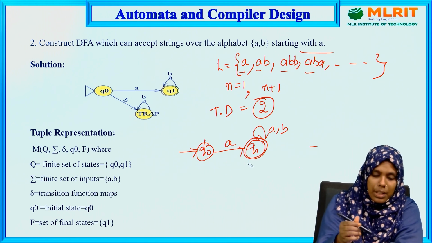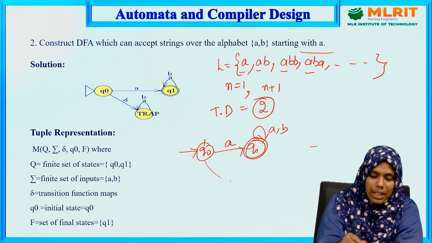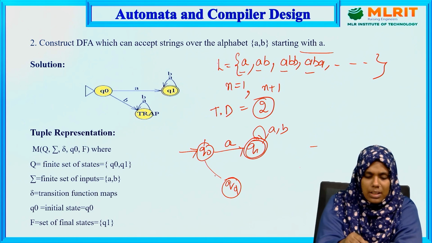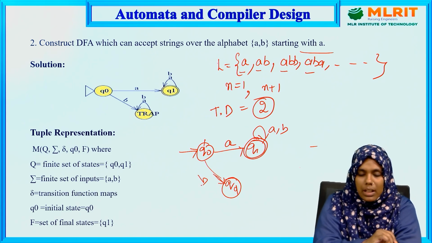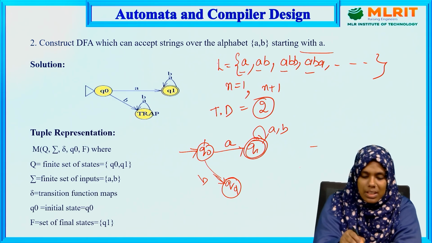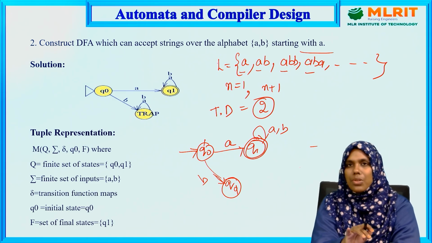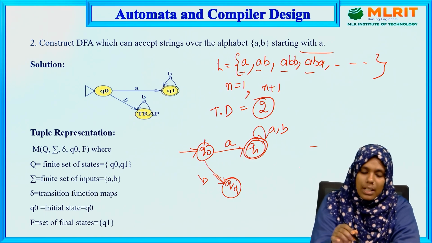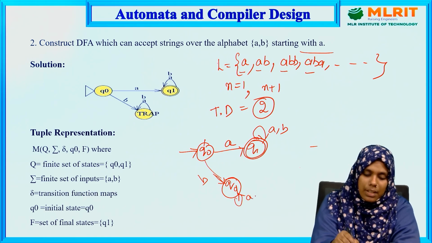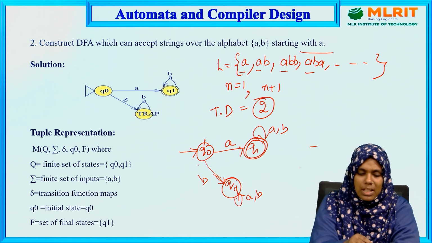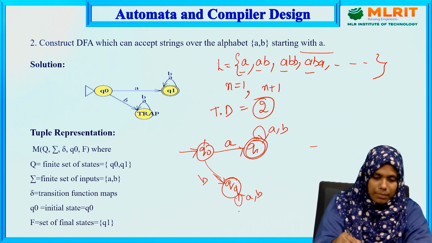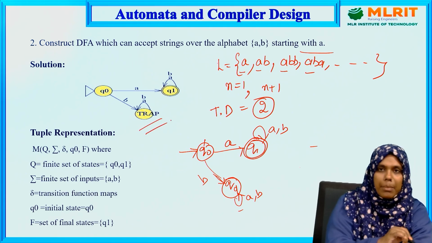So what we can do here is take one state that is known as the dead state, or we can say trap state, and we give the B input transition to it. This is a dead state. It does not have any work. Just to complete the DFA, we are giving a dead state. As well as for this state, we can give a transition A, B, because as we said, a DFA should have each and every input transition. So already it is given here, the same diagram.